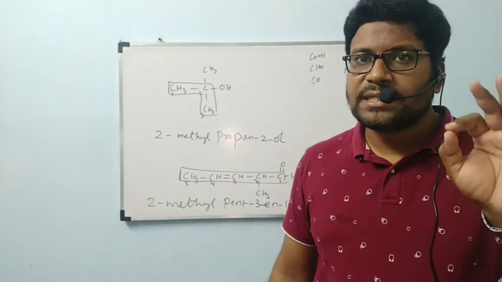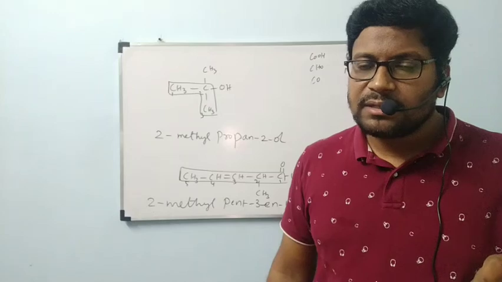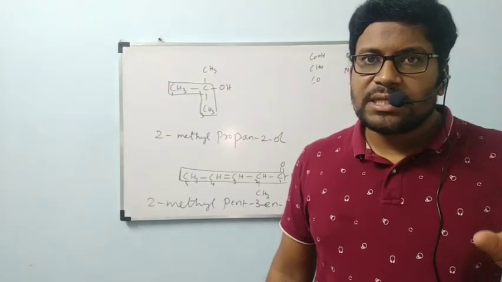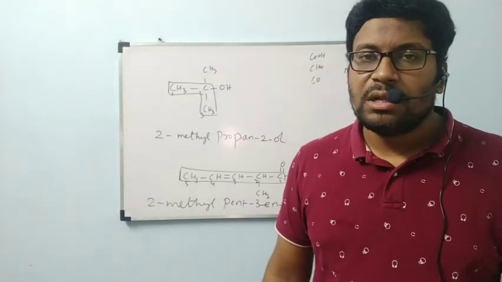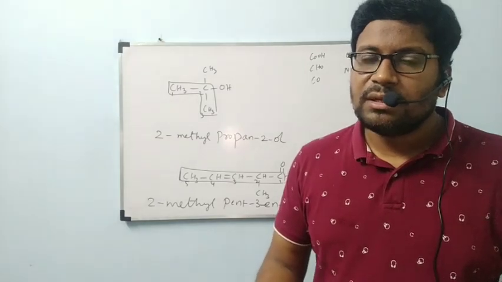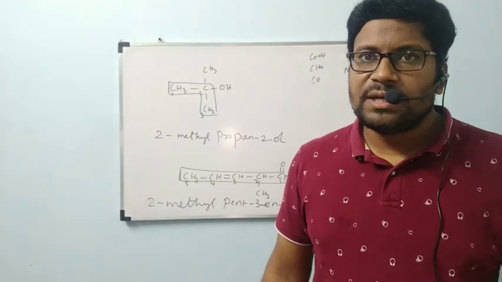The functional group will be the highest priority. Every time the functional group must be included in the parent chain as well as get the least number. In that way we select the parent chain, give numbering, and after that give the name of the compound. In this way we give names of compounds that include functional groups. Further examples we will go through in the next class.